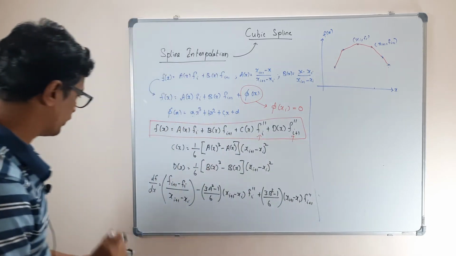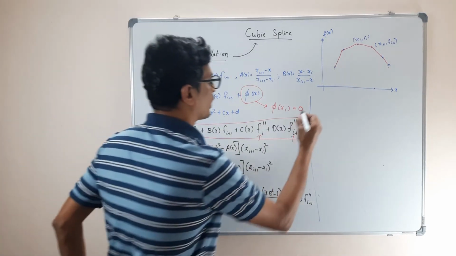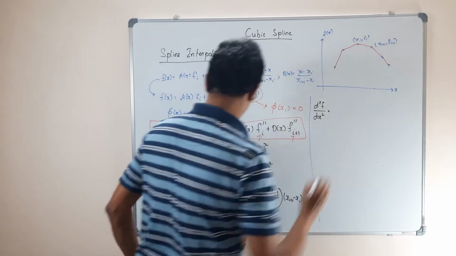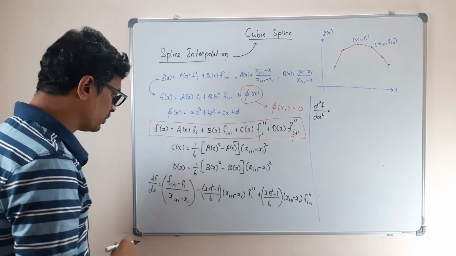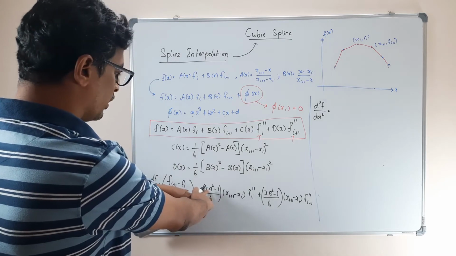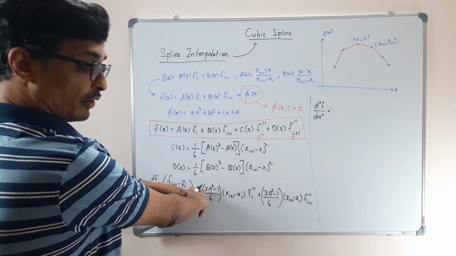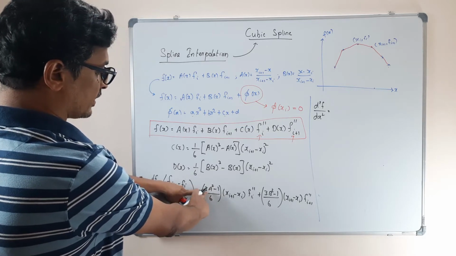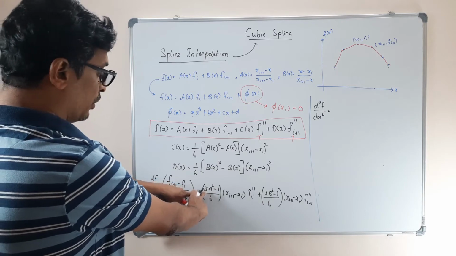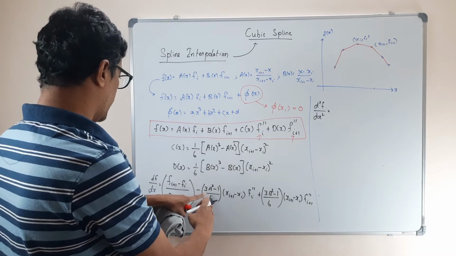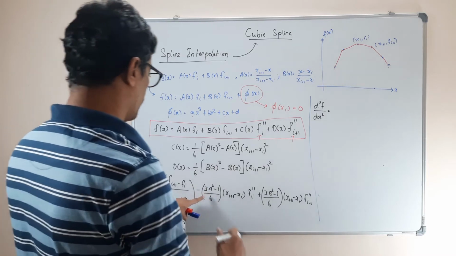So the second derivative, d square f by dx square, will be, this goes to 0, and if you do this, this will become 6a, and this 6 is cancelled.